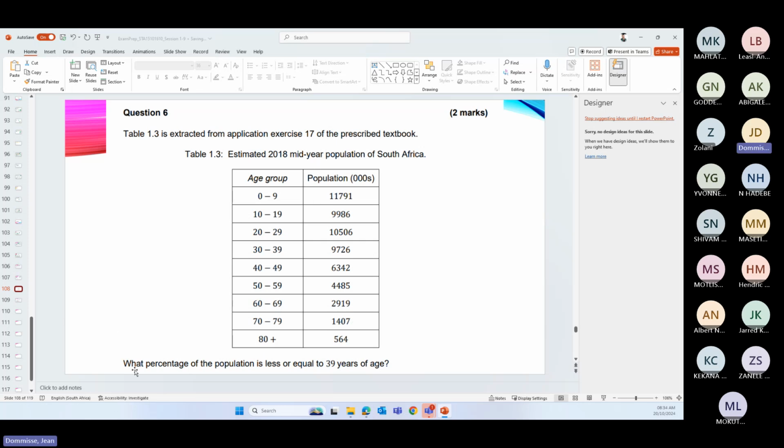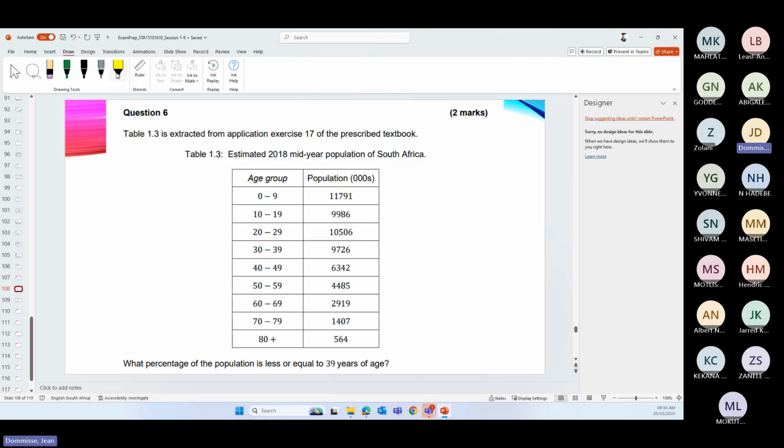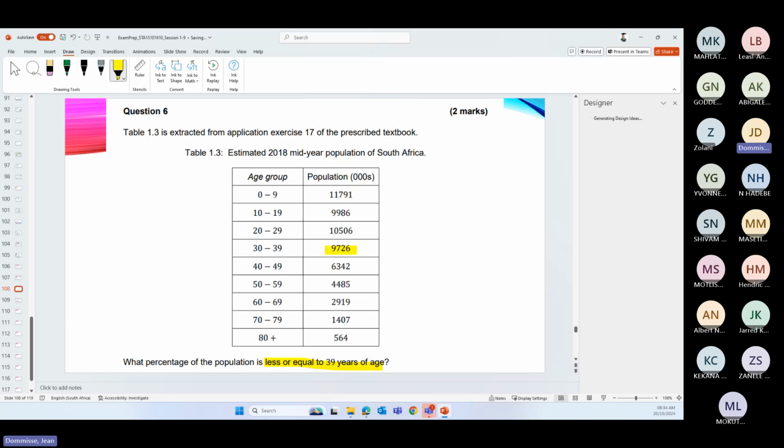They ask what percentage of the population is less than or equal to 39 years of age. So we basically need to find out the population that is less than or equal to 39.